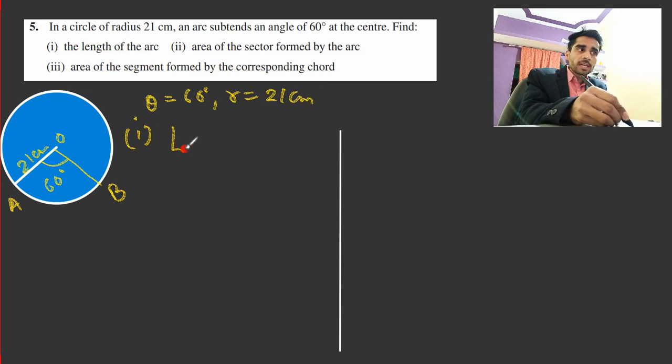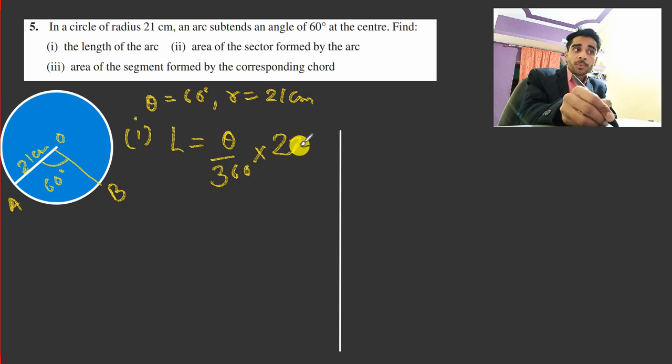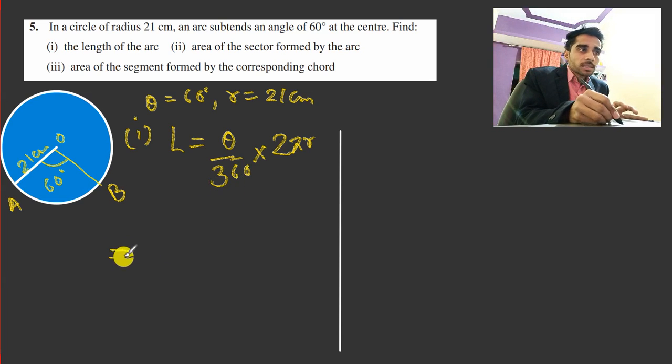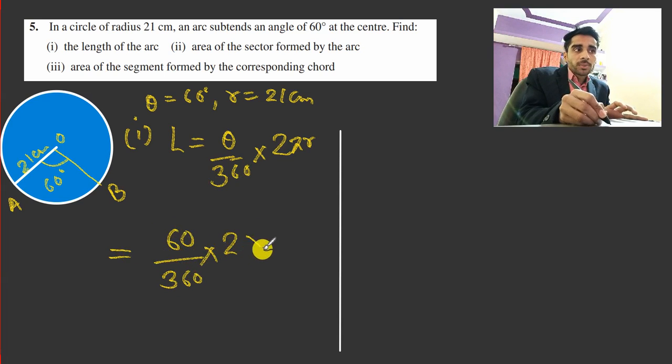First, the length of an arc, and we know that the length of an arc is given by the formula theta upon 360 into 2 pi r, and we know very well why we multiply by 2 pi r, because it is a part of that circumference. Okay, so substitute the respective values: 60 upon 360 multiply 2 multiply pi 22 upon 7, and radius is given as 21.